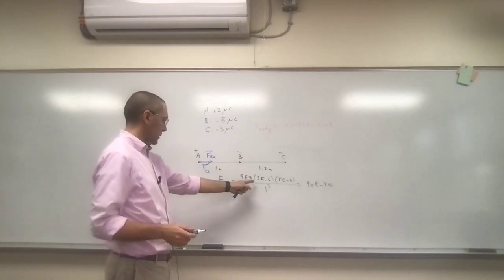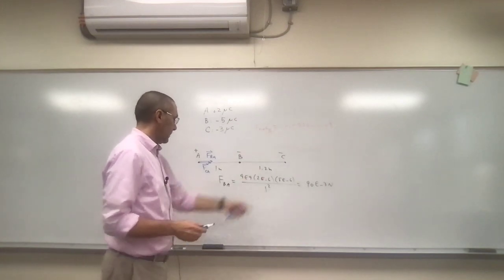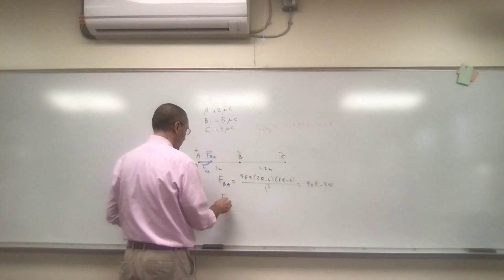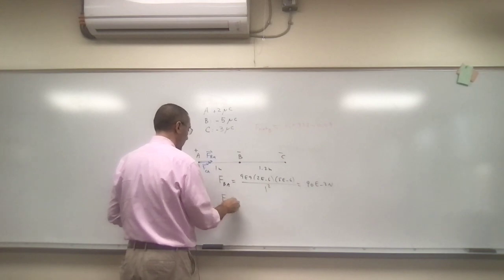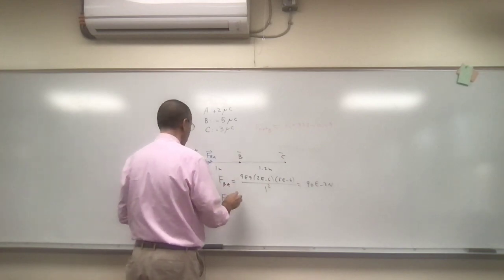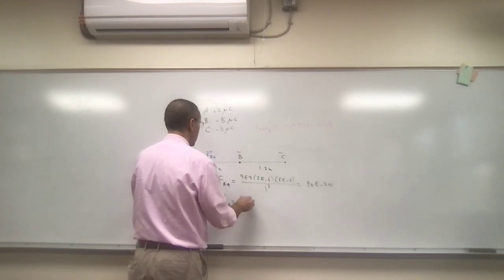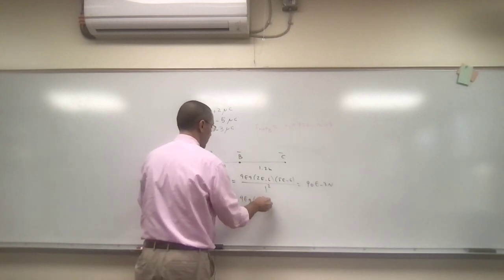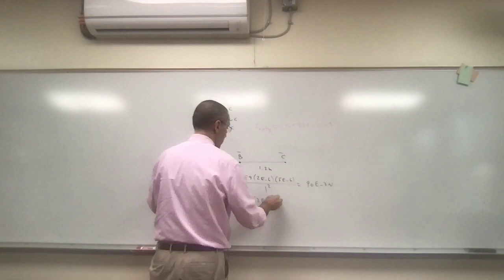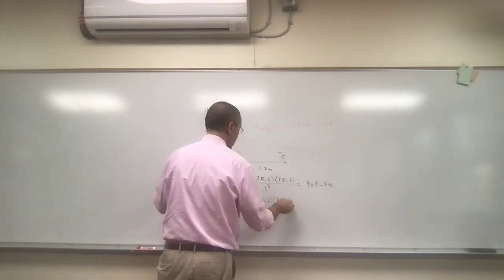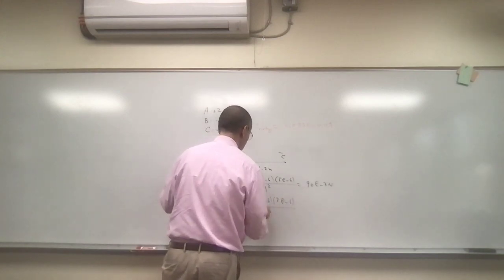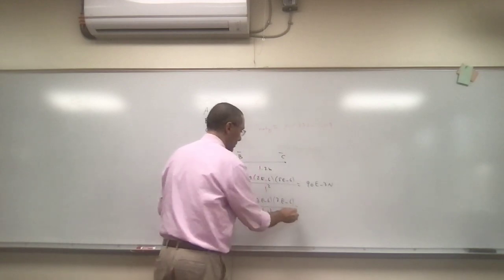So what is that? That's 90. Yeah, that's fine. And then I'm going to do the force that C exerts on A. In magnitude, again, I'm going to drop the signs. So it's 9 e to the 9th, 2 e to the negative 6. C has a charge of 3 e to the negative 6 in magnitude divided by 1.2 squared equals.